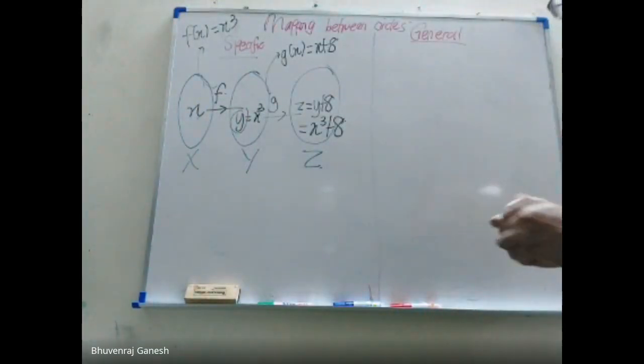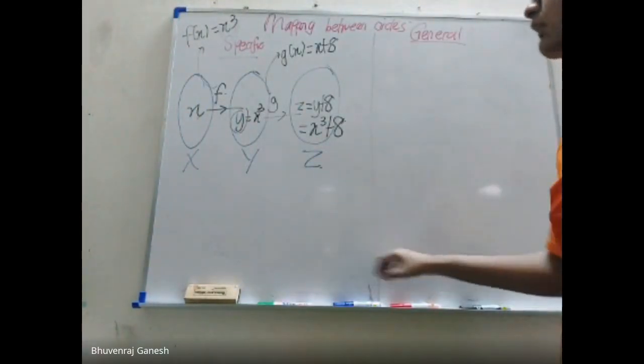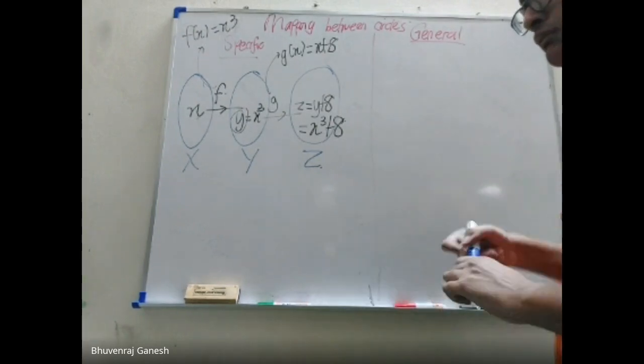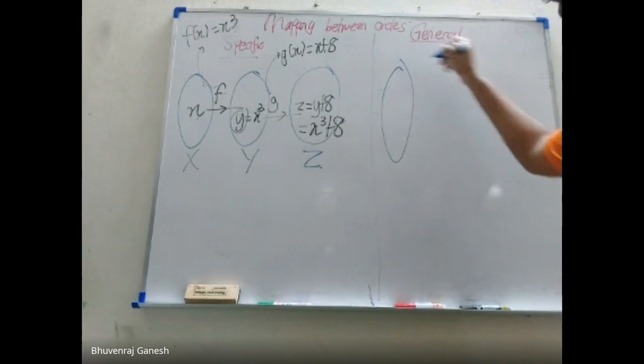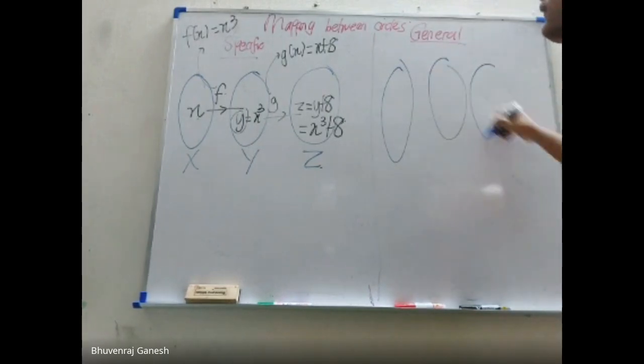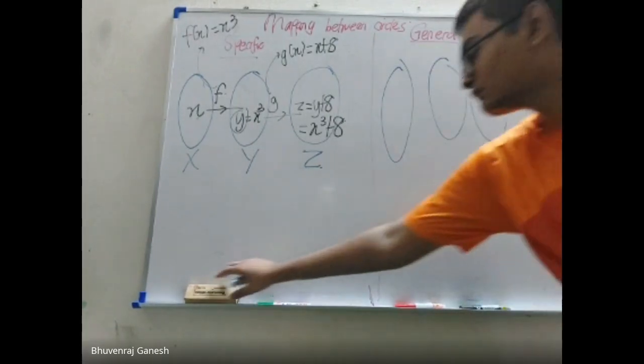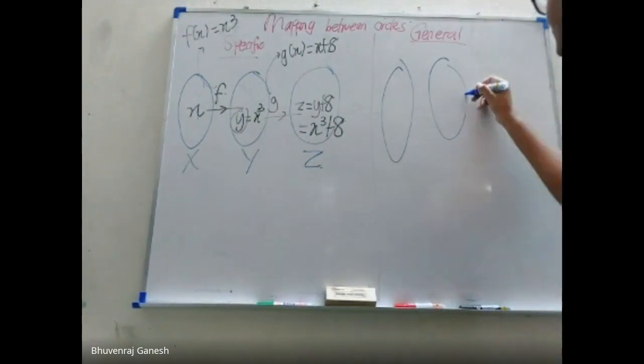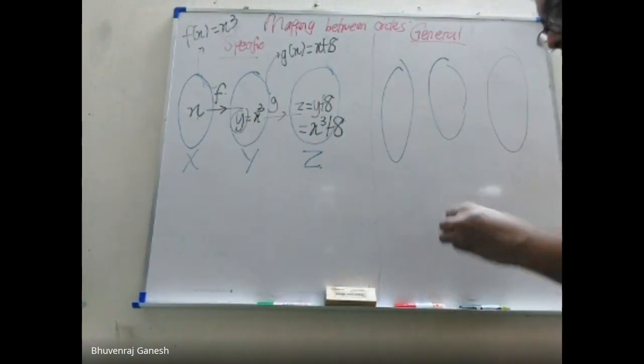So let's say I want to put it in a general formula here. 1, 2, and 3. Okay, same thing.